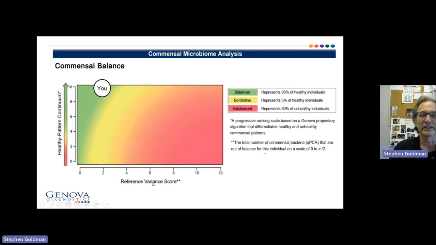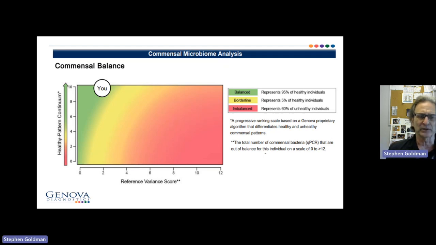So the reference variance score, which by the way is mentioned on the front page under dysbiosis as one of the biomarkers, is a 0 to 12 scoring based on the 24 commensals on page 5. Basically, if you have a lot of commensals that measure at either the low end or high end of the reference range, that is statistically more associated with a patient that has poor health overview.